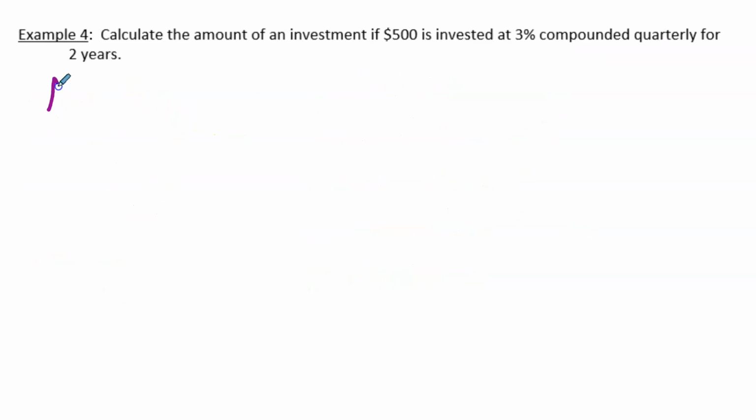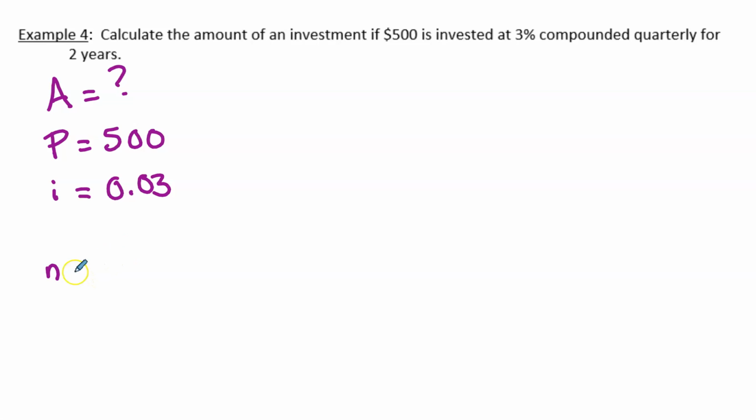So, A, P, I, N. Calculate the amount of an investment if $500 is invested at 3% compounded quarterly for 2 years. So here's the important part here. Compounded quarterly. Quarterly means 4 times a year.